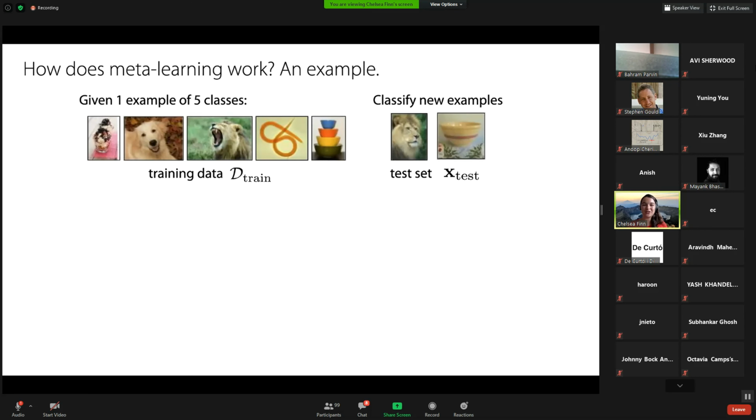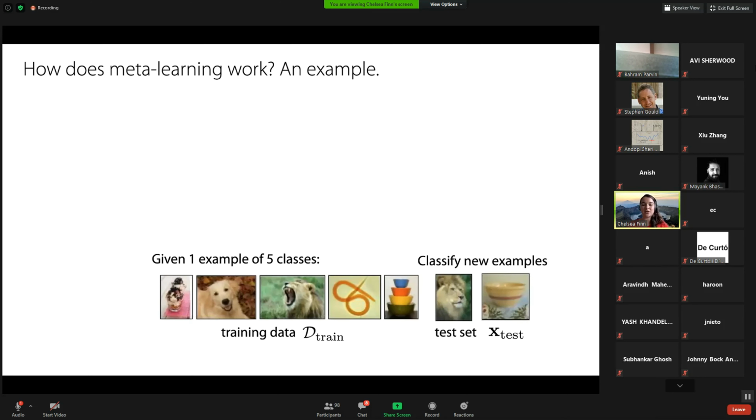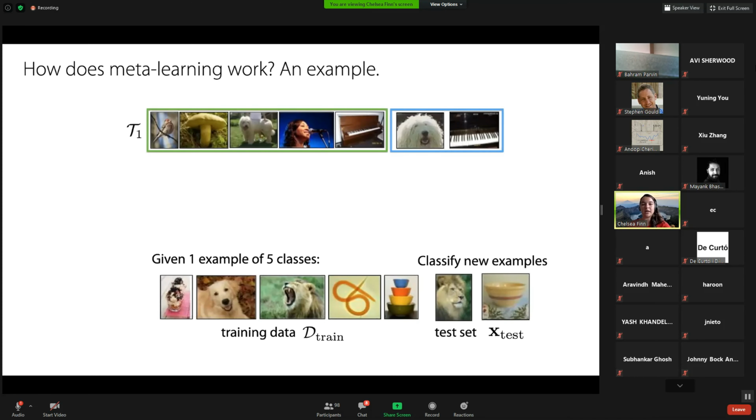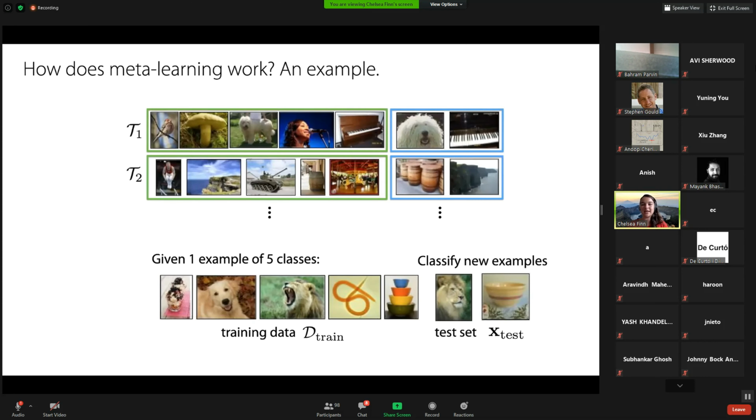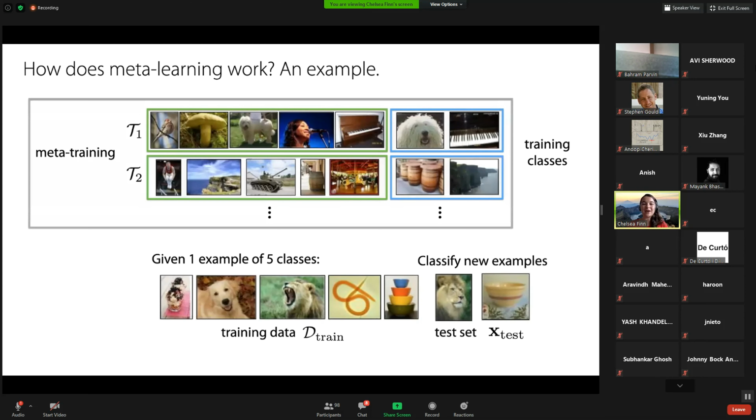Now, of course, if we train from scratch, this is completely impractical to solve from only 5 data points. But if we have image data from other image classes, we can structure that data in a way that prepares us for this few-shot classification problem at test time. We'd essentially structure those other image classes into mini train sets and test sets, and across these training classes, learn how to learn from each of these small data sets in a way that allows us to generalize to new test inputs.